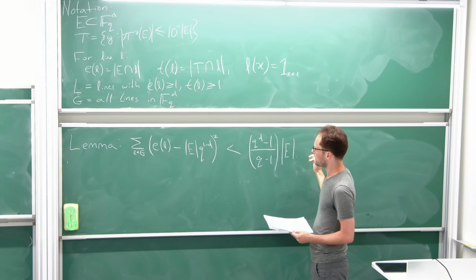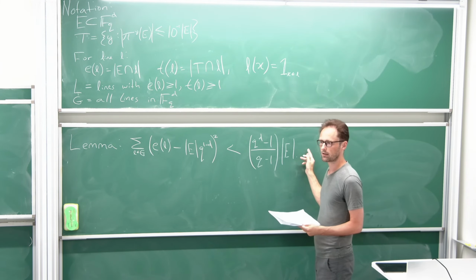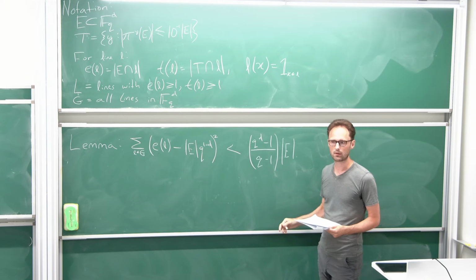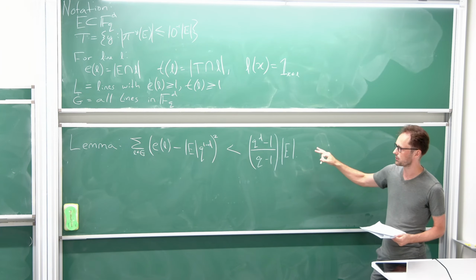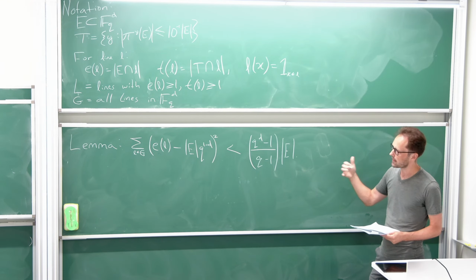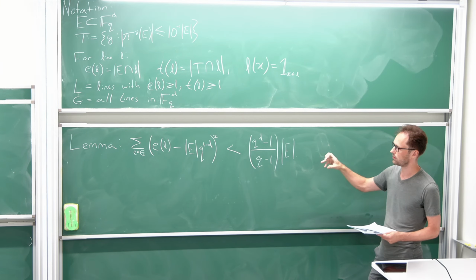If there is time at the end, I'll give the proof of this, but I want to give the proof of the theorem first, and then if time allows, I'll give the proof of this. There are a number of different proofs. I used to prove this kind of thing using spectral graph theory, as a not-hard consequence of the expander mixing lemma, and for more sophisticated settings you'd still do that.